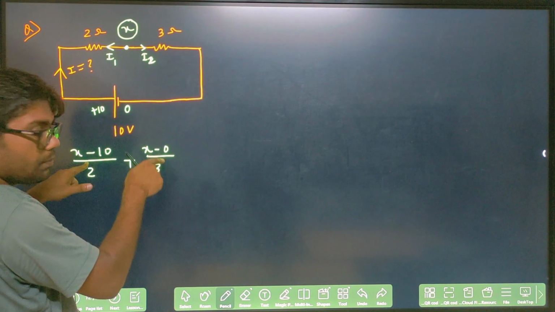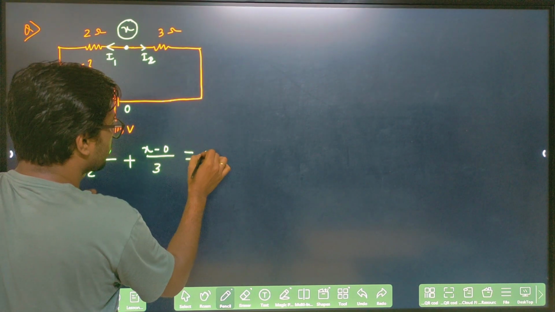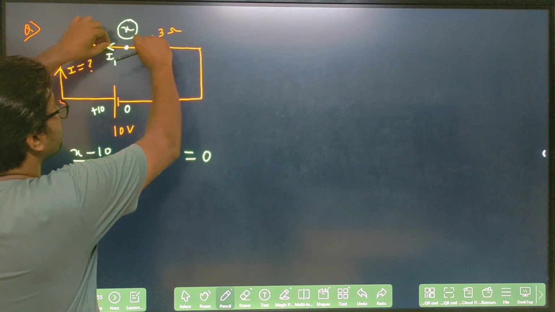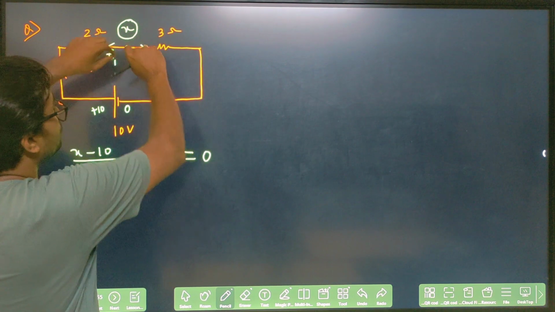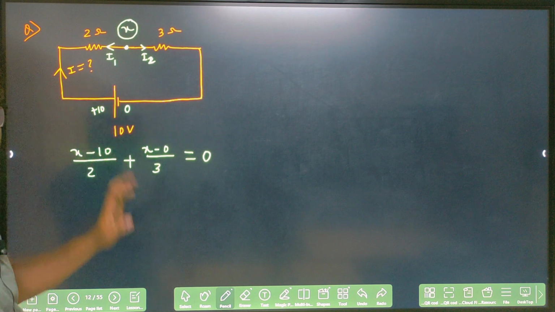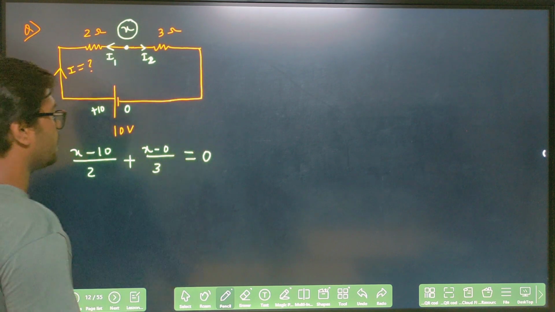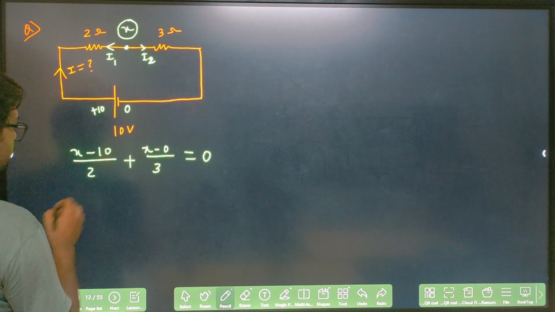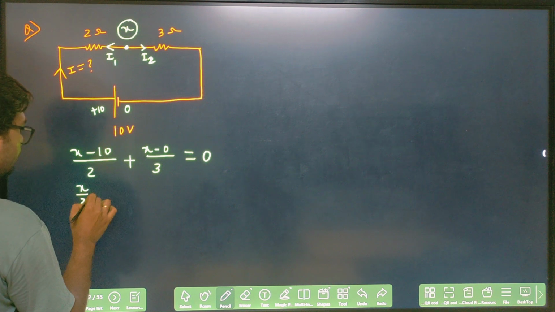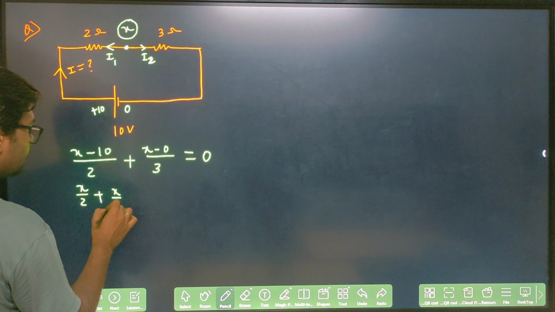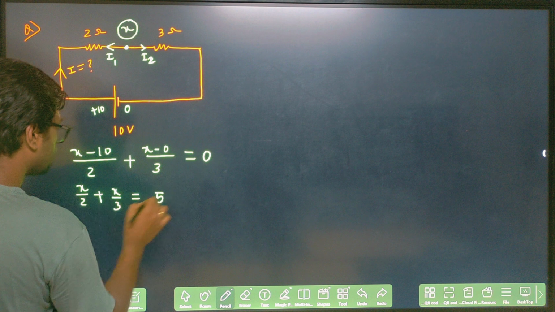So I1 plus I2 is basically what? 0. Net current moving out of the junction is 0. Clear?